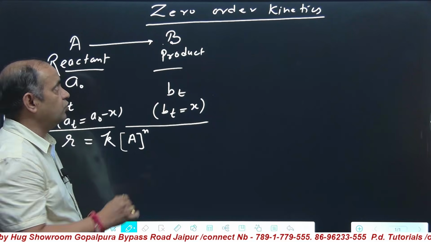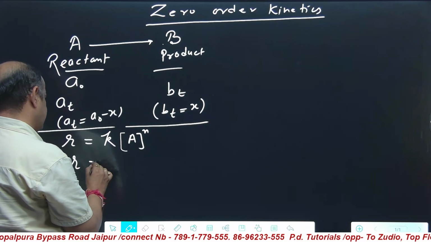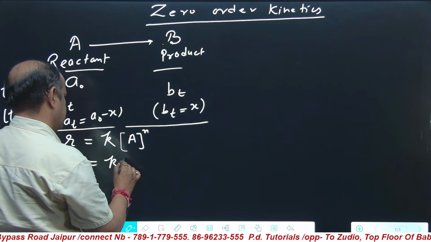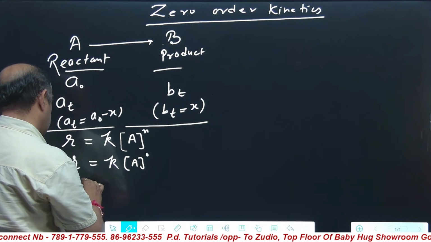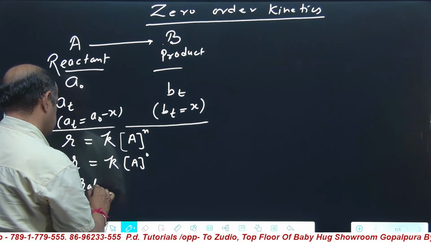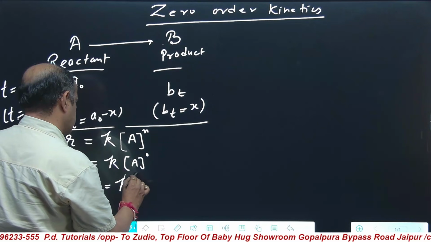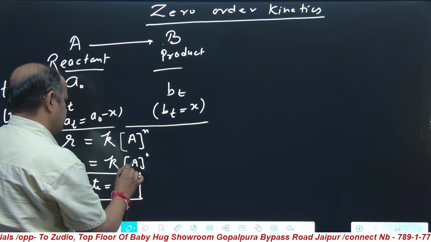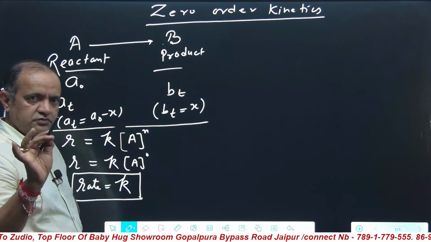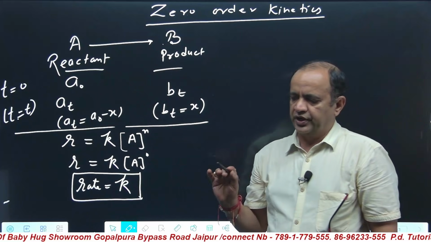Order here is 0. We are studying zero order kinetics. So we can write rate equals K A to the power 0, or rate equals just the rate constant. There is no relation with the concentration of reactant. So rate equals rate constant.